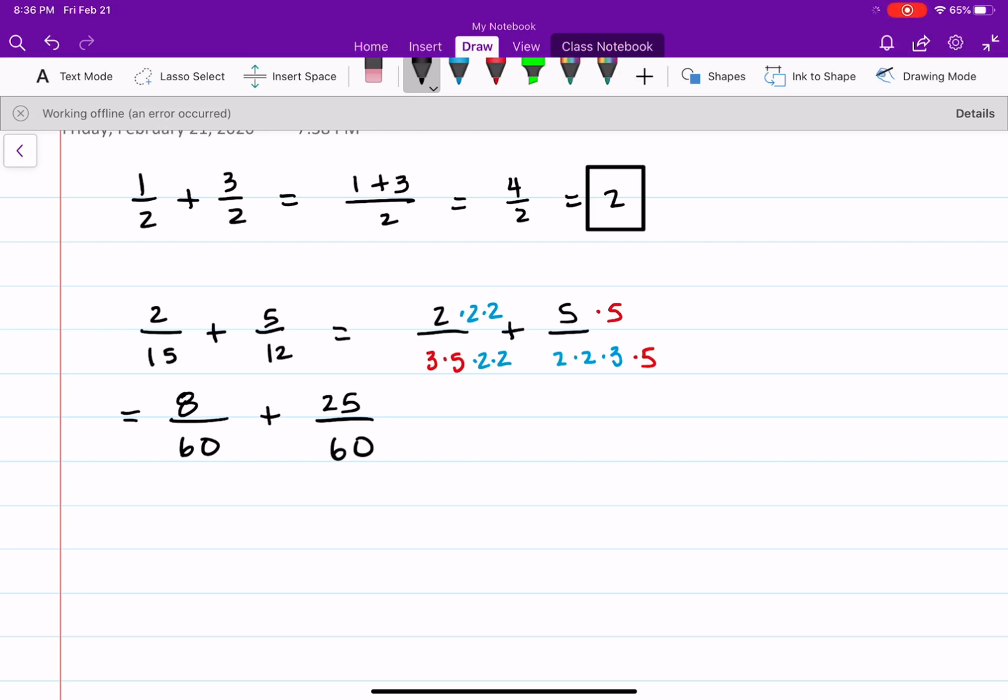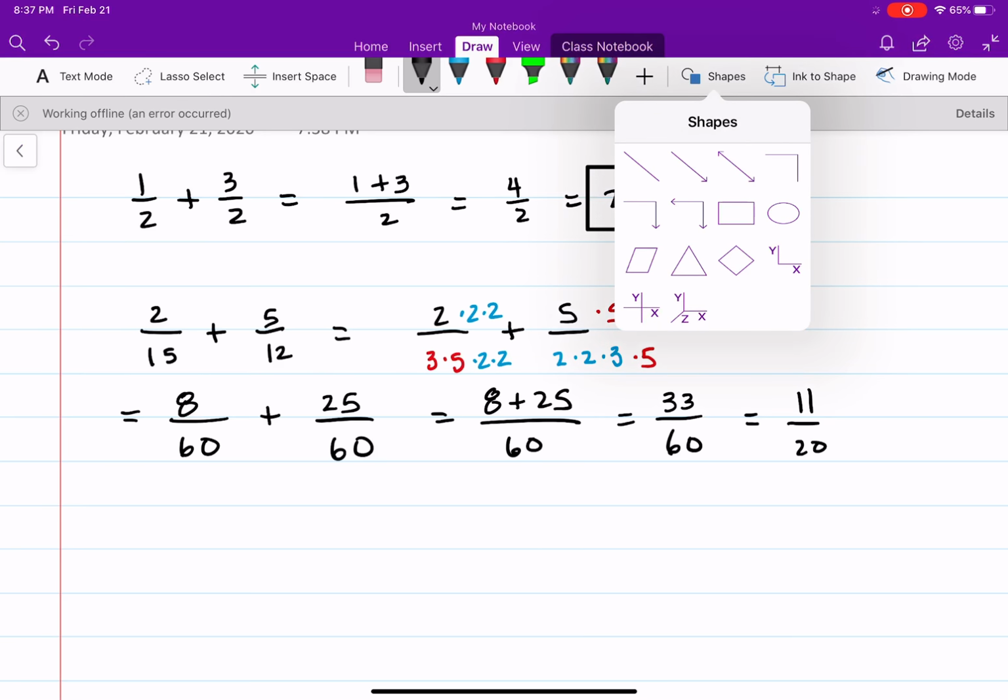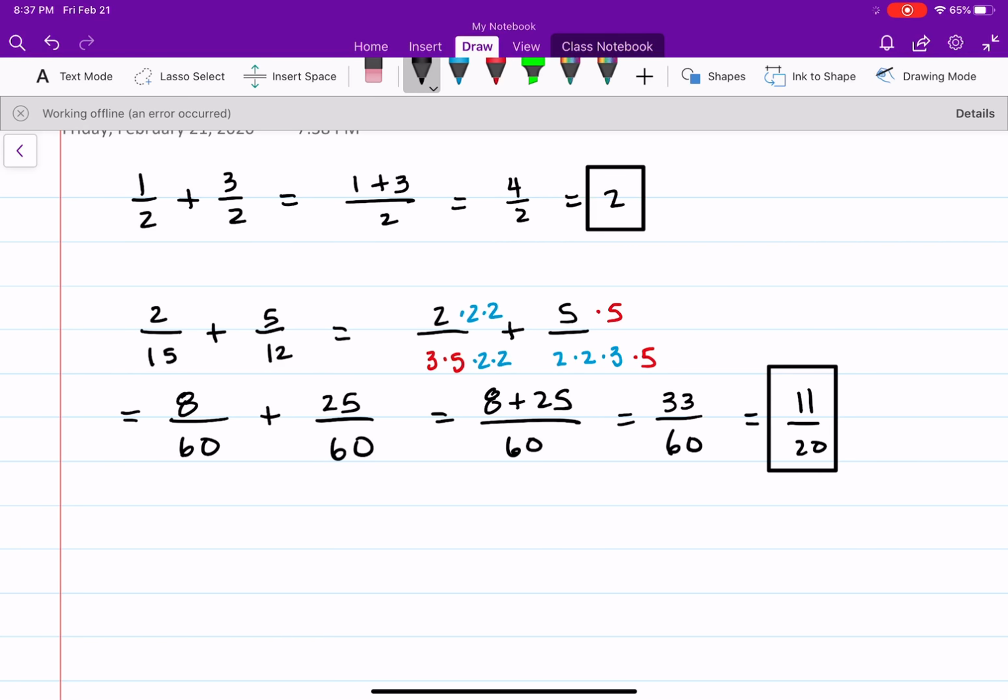So now we have a common denominator, so we will add the top. The top is going to give us 33 over 60. And if you notice, we can reduce: 3 goes in the top 11 times, and 3 goes in the bottom 20 times. So therefore, that would be my answer.